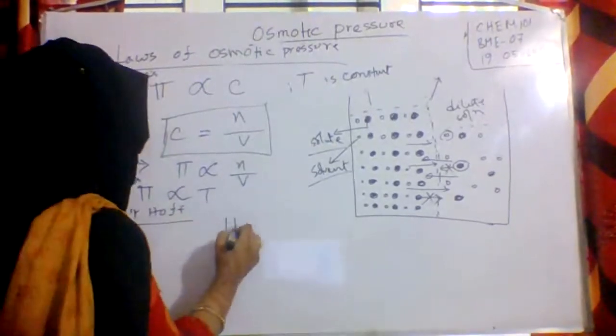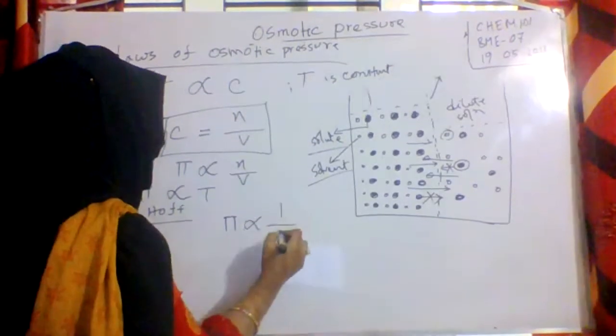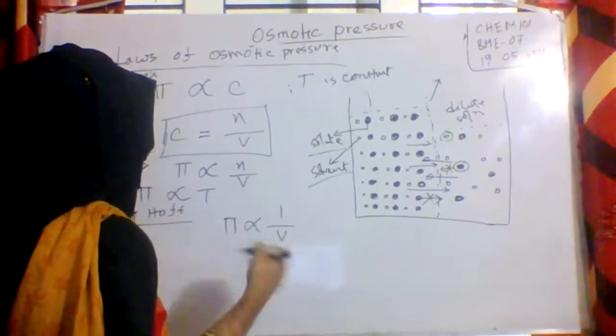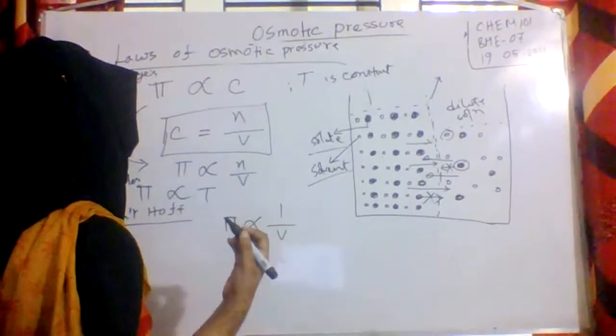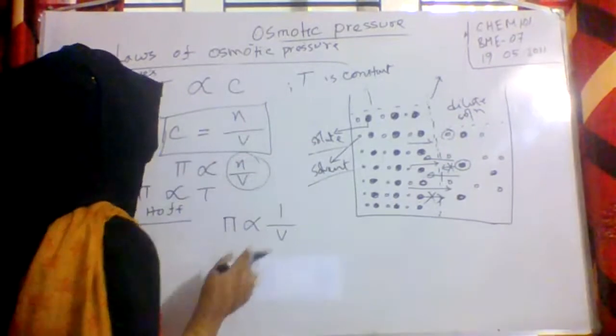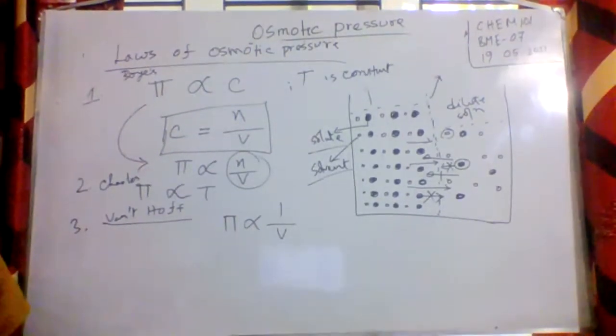So osmotic pressure is inversely proportional to the volume which contains 1 mole of solute. That is actually the last one.